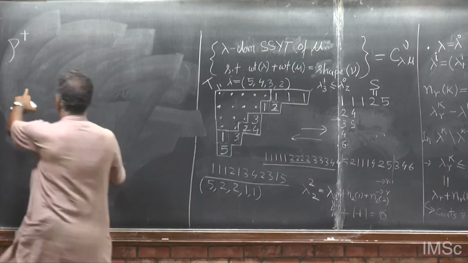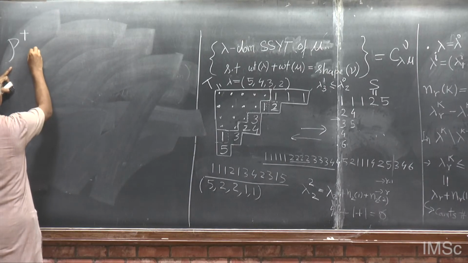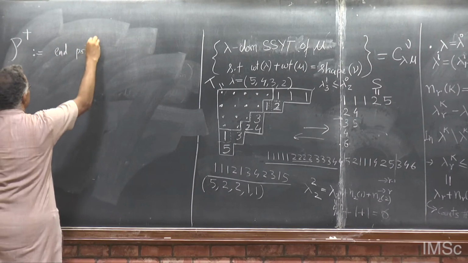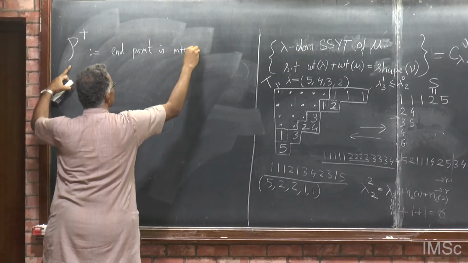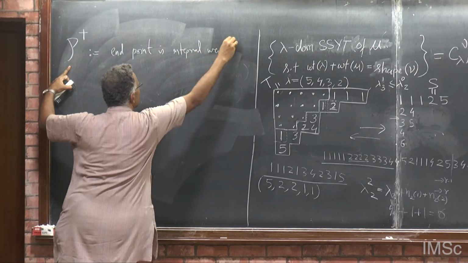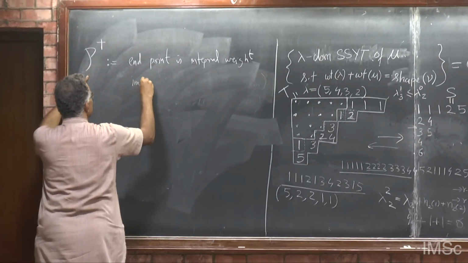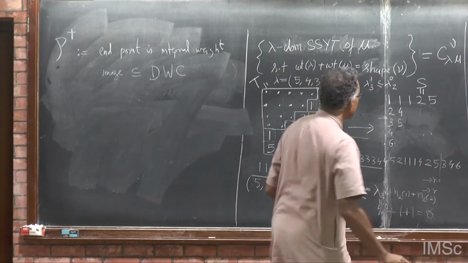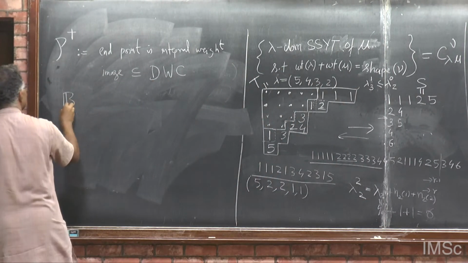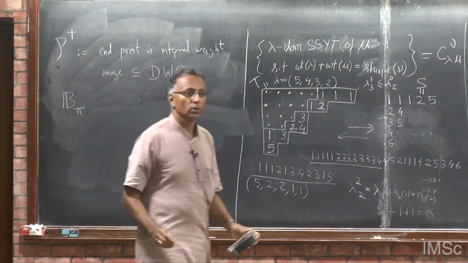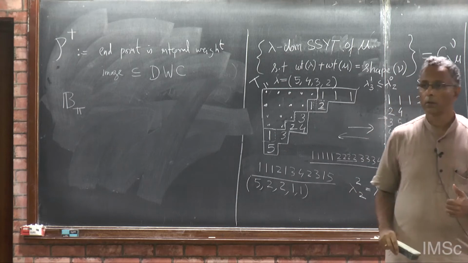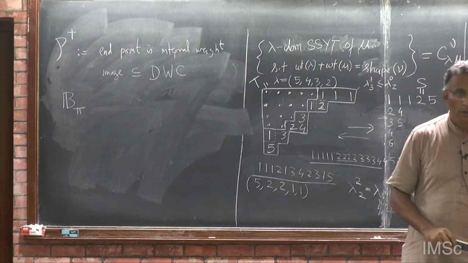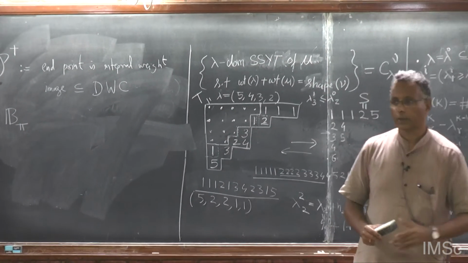Okay. So I'll write it. Endpoint is integral weight, and image lies in the dominant Weyl chamber. Okay, I take two such paths, and what is B pi? Right, very good.